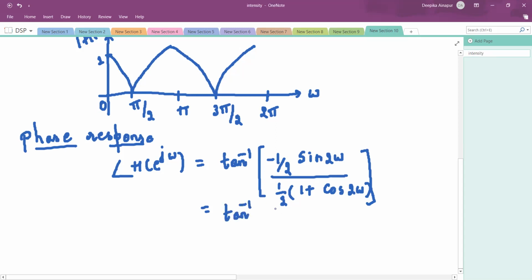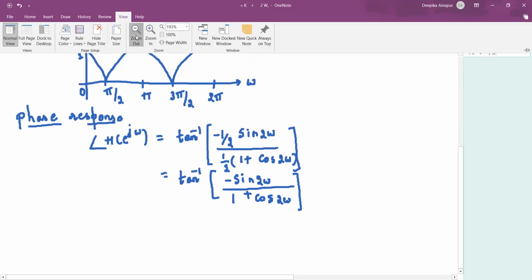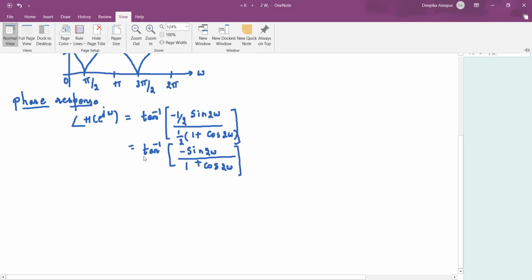So it will be tan inverse of minus sine 2 omega divided by 1 plus cos 2 omega. You'll be getting it like this.